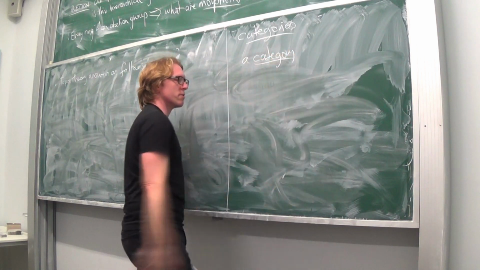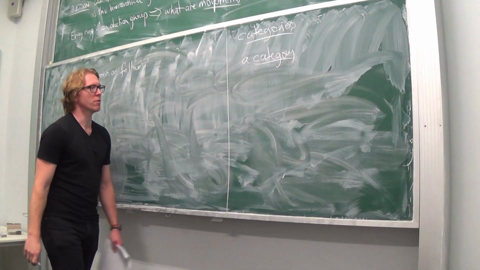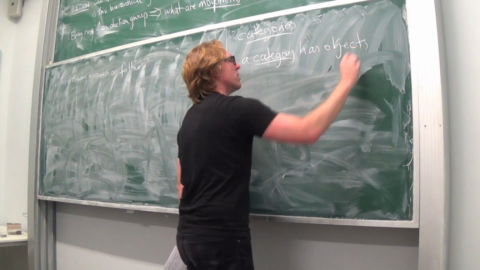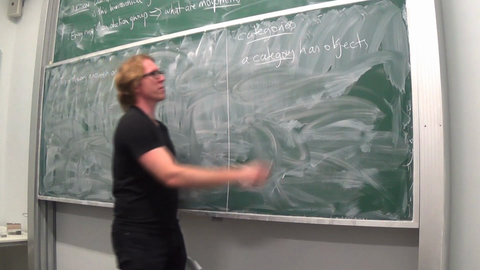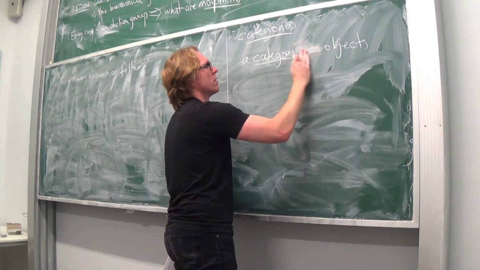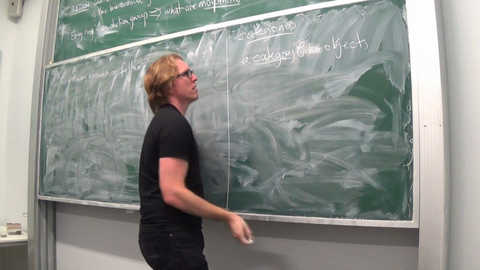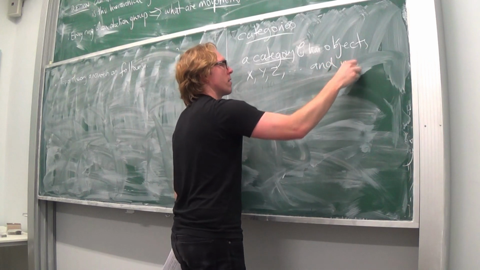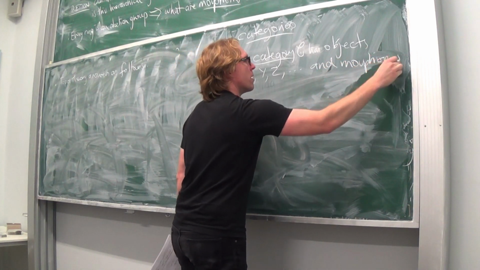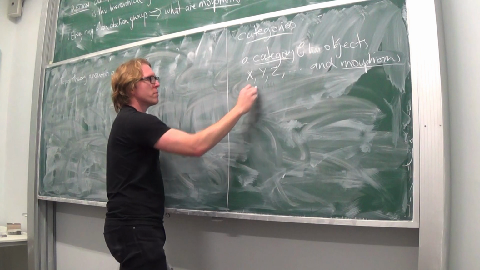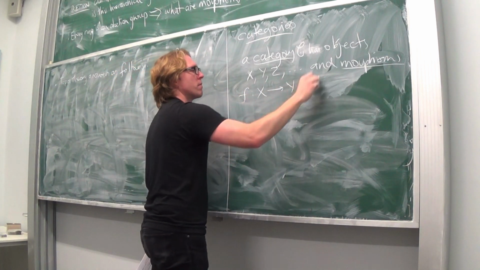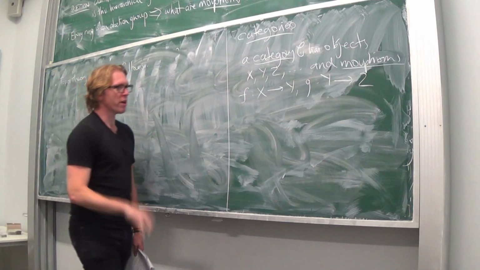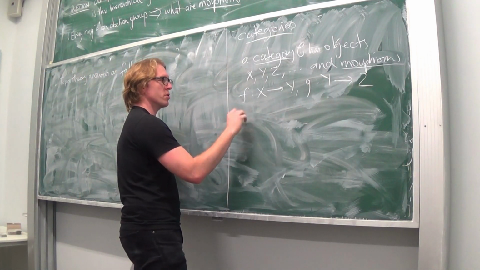So a category is just an algebraic system, a bit like a group or a ring. So it has objects, so you can think of a category as some sort of set. As objects, let's write those as uppercase letters. Between objects it has morphisms. That's the data, but the algebraic operation is a partially defined function called composition.